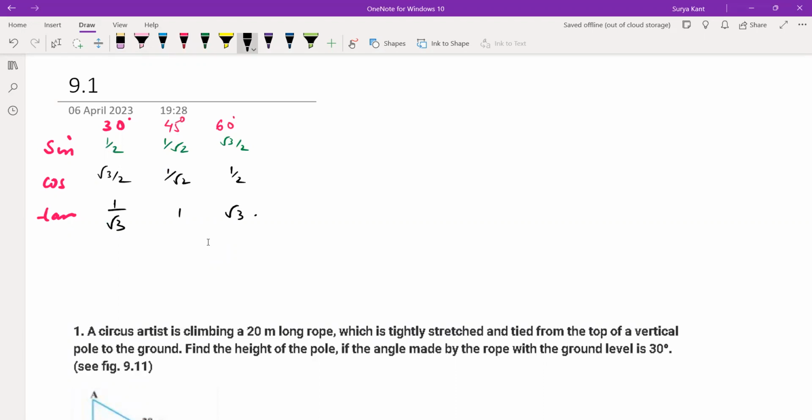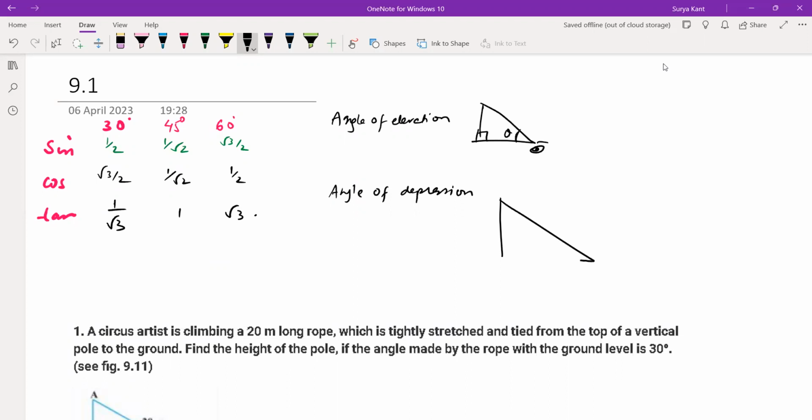The second thing is we should know the angle of elevation and angle of depression. In the last class, I told you that elevation means we are seeing from down to top. Here is your eye, we are seeing up, so this is the angle of elevation.